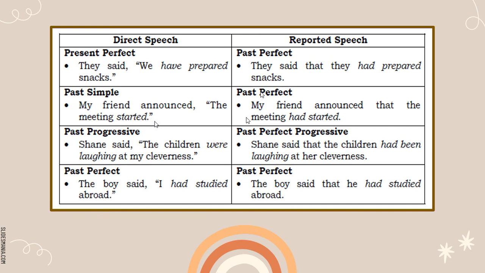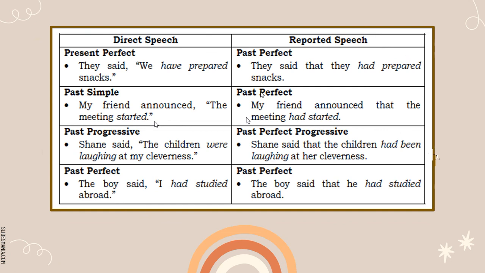For imperative or command, the reporting verb said or said to is changed to ordered or commanded. For example, direct speech: the librarian said to me, "Keep quiet." Indirect speech: the librarian ordered me to keep quiet. From the word said in your direct speech, it becomes ordered in your indirect speech.